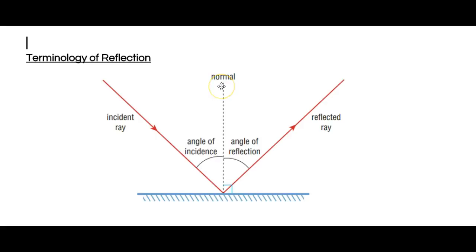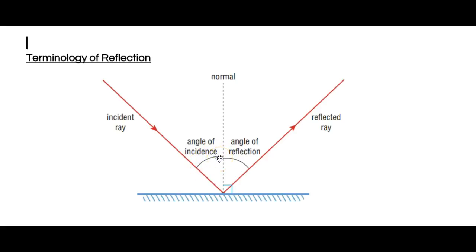So the normal is basically a line drawn perpendicular to the surface of a material. It's important for you to understand also that when we measure what's called the angle of incidence, we're not measuring it relative to the surface of the mirror right here. We're measuring it relative to the normal line.